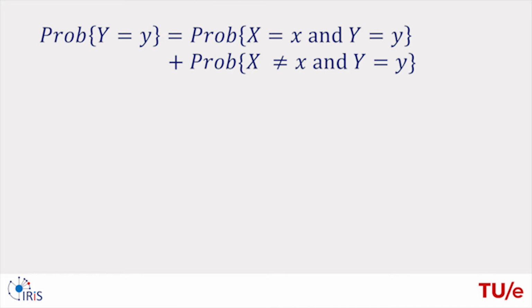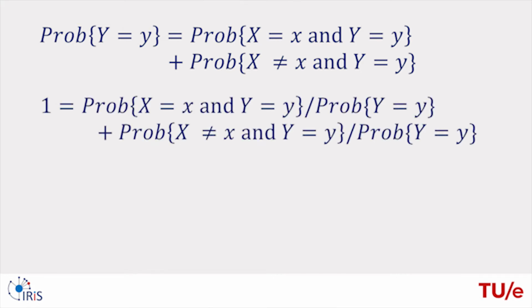This measurable set can be split into two measurable sets that are each other's disjoint, that form a disjoint union. Namely, we can look at the probability that x equals x, and that set is disjoint with the set that x does not equal small x. So the probability that y equals y is equal to the probability that x equals small x and y equals small y, plus the probability that x does not equal small x, while y equals small y.